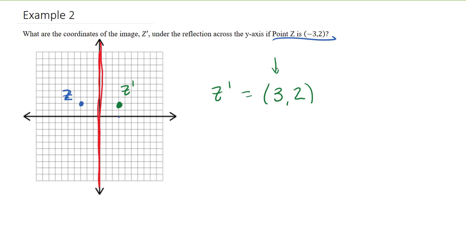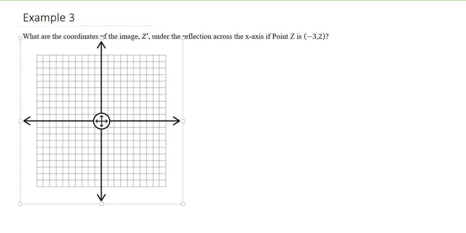Now let's do another example. Example 3: what are the coordinates of the image z prime under the reflection across the x-axis if point z is (-3, 2)? We're going to do the same point, but this time across the x-axis. Let's draw that line.